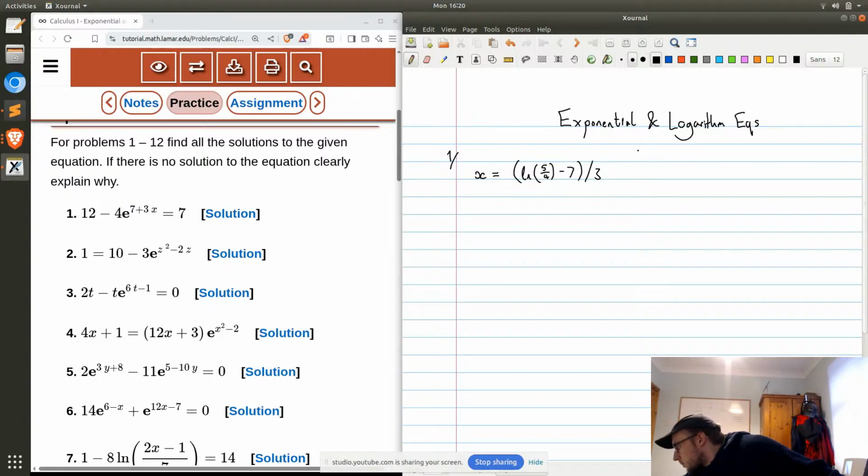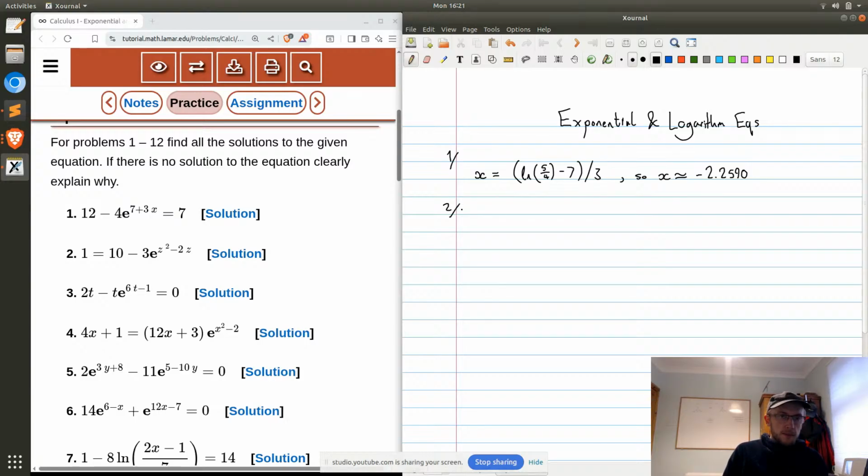And we'll get the calculator for this. So x is about -2.258.